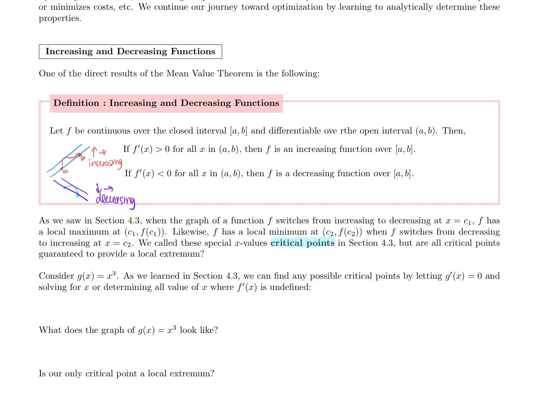If you remember, the answer is no, because sometimes critical points are found where the slope of our tangent line is undefined, which means that we either have a sharp peak, a sharp trough, or a piecewise function, or, you probably guessed it by now, a vertical asymptote. So not all critical points provide a local extremum.